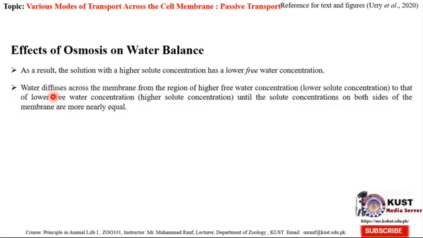So water diffuses across the membrane from the region of higher free water concentration, that is lower solute concentration, to that of lower free water concentration, that is higher solute concentration, until the solute concentration on both sides of the membrane is more nearly equal.